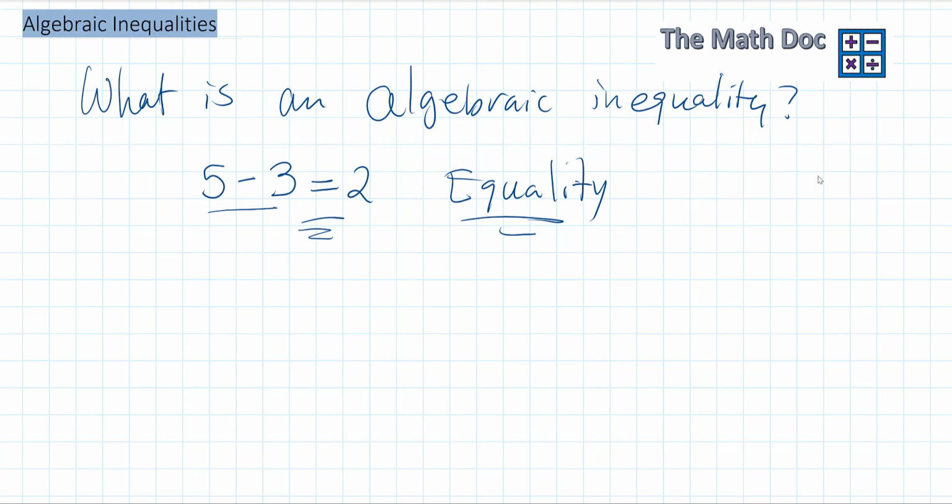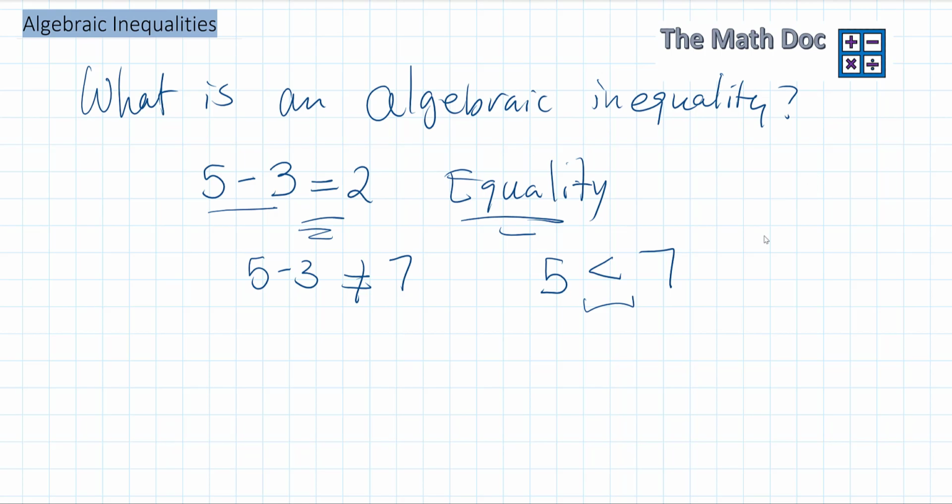So what is an inequality? Well, an inequality would be to say that 5 minus 3 does not equal 7, for instance, but it would be something like 5 is less than 7. Okay, that is an inequality because we're using the less than symbol.